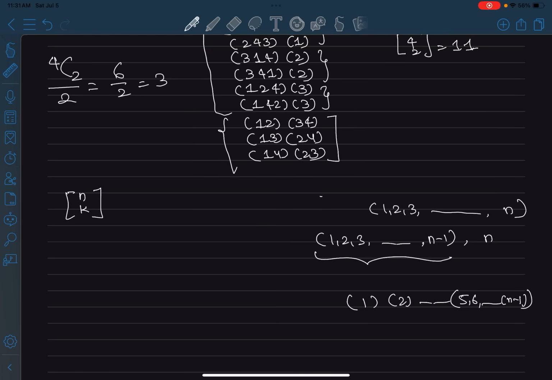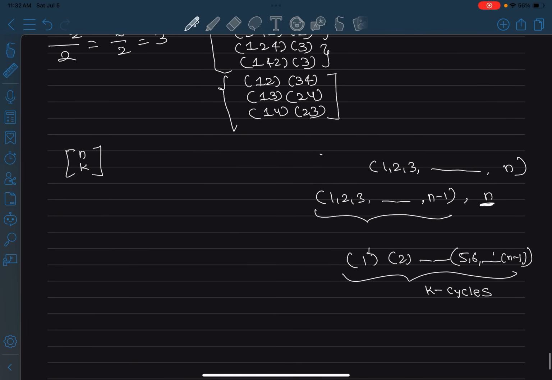So let's say there are already k cycles out of these n minus 1 elements. In that case, what I can do is this n, right? I can just put it after any number, after 1, or after 2, or after 5 over here, after 6 over here, or after 7 over here, and that would be a completely new permutation function, right?